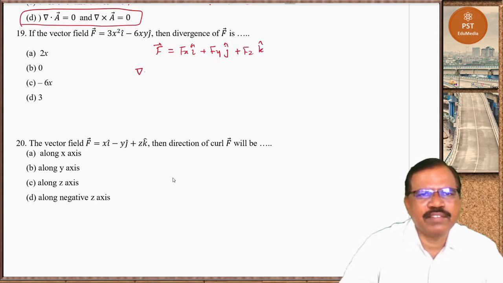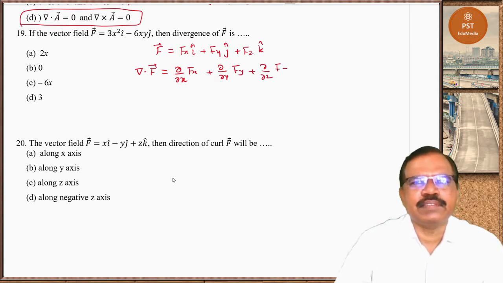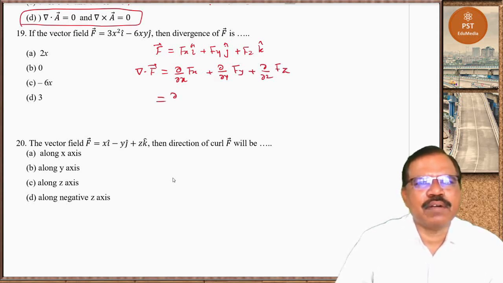And del dot F is what? Partial derivative with respect to x of Fx plus partial with respect to y of Fy plus partial with respect to z of Fz. Now here partial with respect to x of 3x square is 6x.